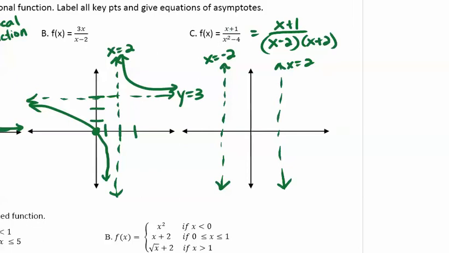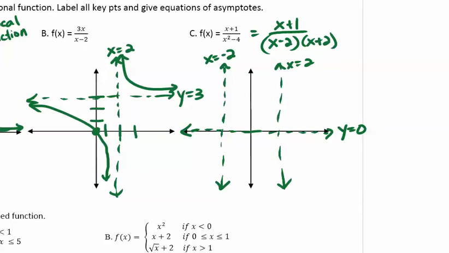So when x gets large, the denominator is growing faster than the numerator. If you think about a fraction where the denominator gets really large, like 100 over 10,000, it gets closer and closer to 0. When the degree of the denominator is larger, then y equals 0 is our horizontal asymptote.